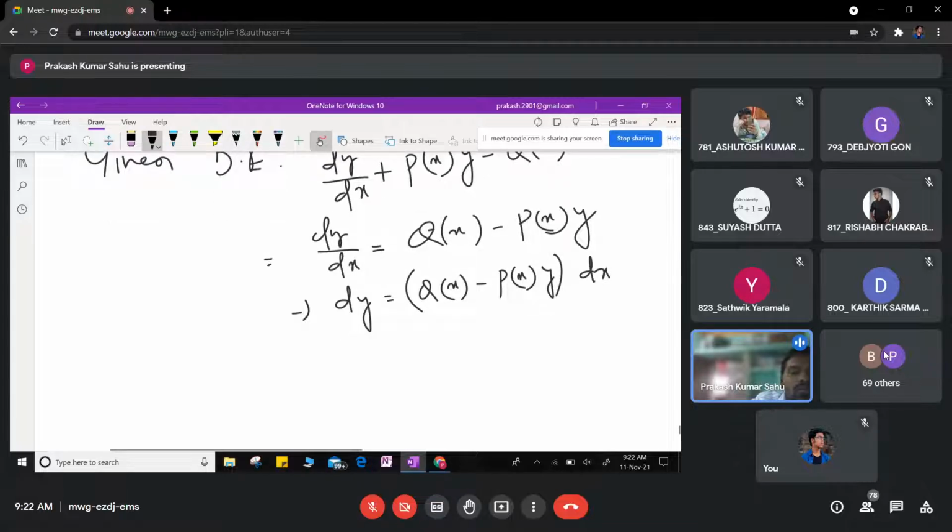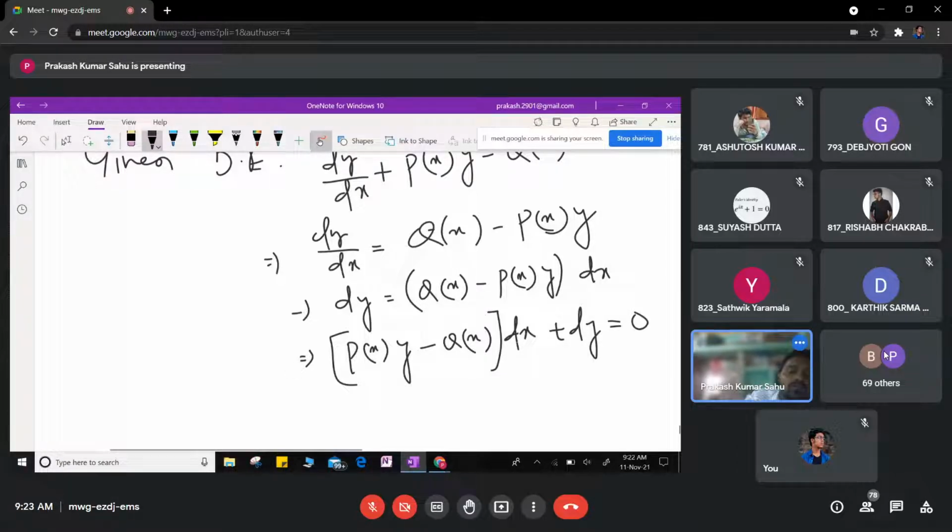Then that implies we can say px y minus qx, whole into dx, plus dy is equal to 0. Now it is correct.